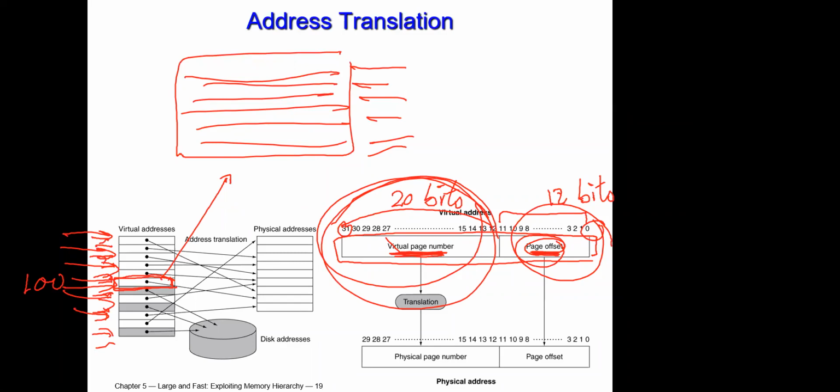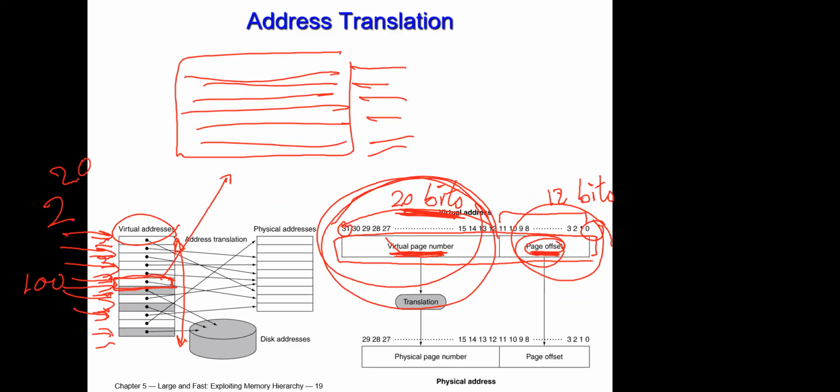And from here, if I'm asking you how many different locations I might have in the virtual addresses, you can easily say you have 20 bits, so it is 2 to the power of 20. In another sense, I'm giving you 3 bits to address the number of floors inside a hotel, and I'm asking you what is the maximum number of floors you can address with 3 bits? 2 to the power of 3.